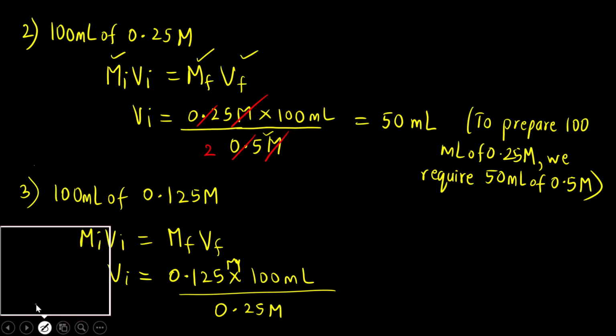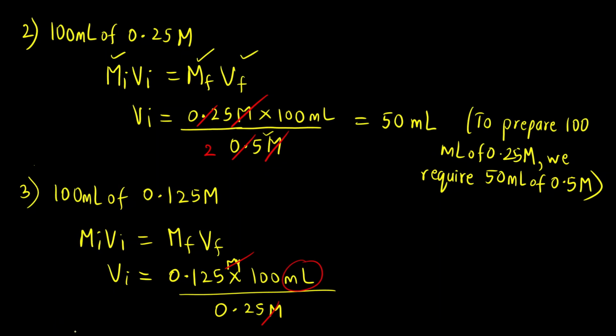Molar and molar get cancelled, and we will get the answer in milliliters. 0.125 into 100 divided by 0.25, that is 100 by 2, is 50 ml.